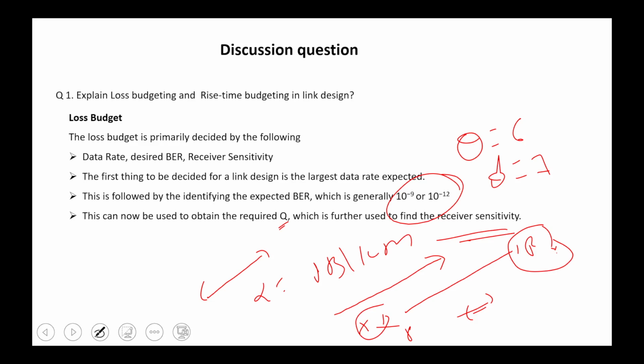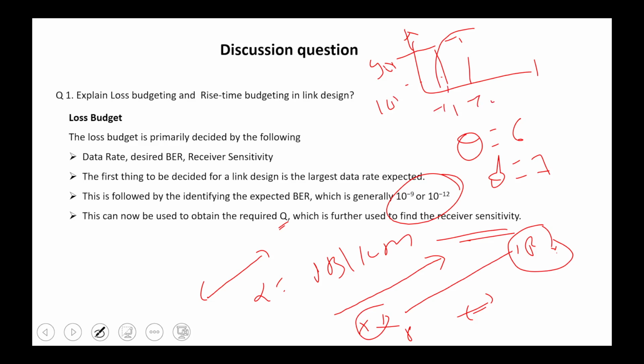Like in a control system, you put in one signal, and we calculate the rise time through that signal. We take 10% to 90%. The time taken by the signal to go from 10% to 90% of the response is the rise time.